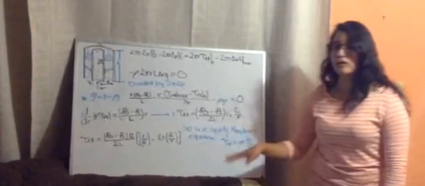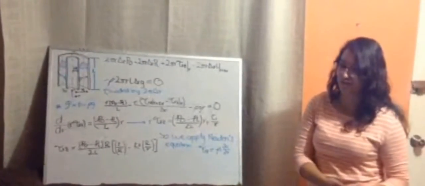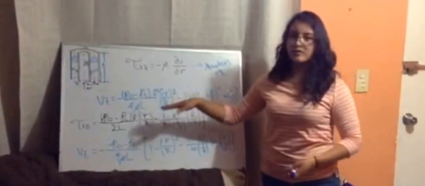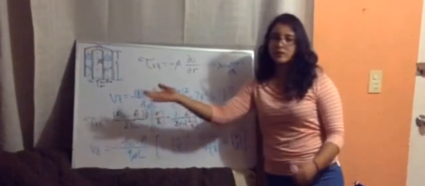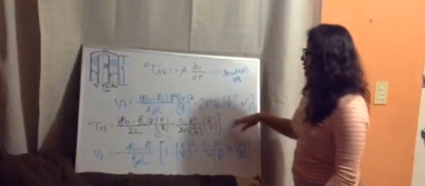Applying Newton's equation, the stress is equal to minus mu times the derivative of the velocity with respect to the radius. Now we have this expression that is a velocity because we're going to solve it for v. We integrate and we have this expression.